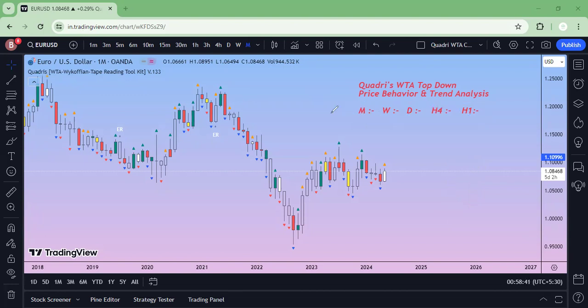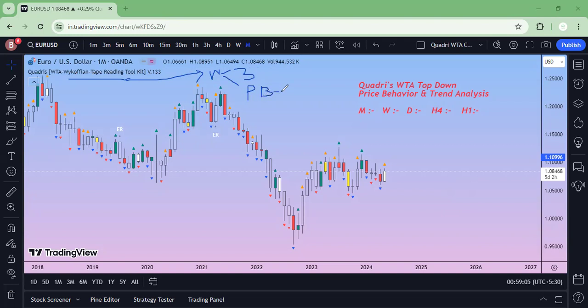So what is my logic behind doing this top-down analysis? For this, I'm using my Wyckoff tape reading toolkit, which is purely based on the Wyckoff three laws, the Wyckoff price behavior study.